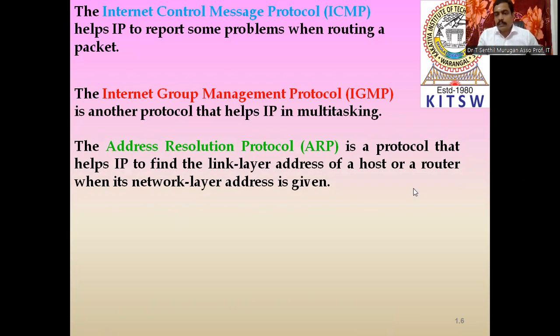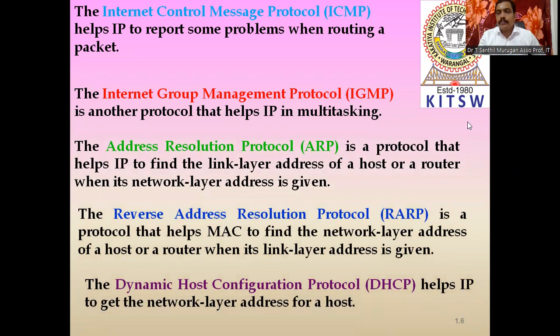As I already told, in the data link layer we are using MAC addresses, in the network layer we are using IP addresses, and in the transport layer we are using port addresses.